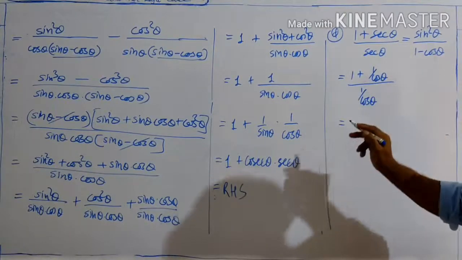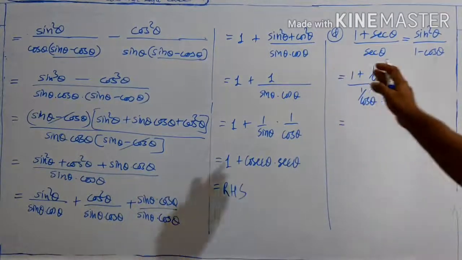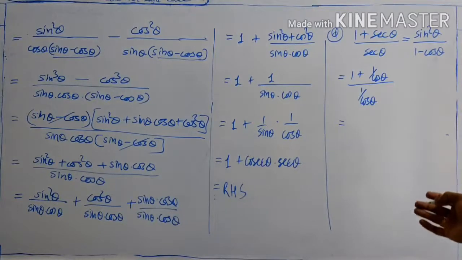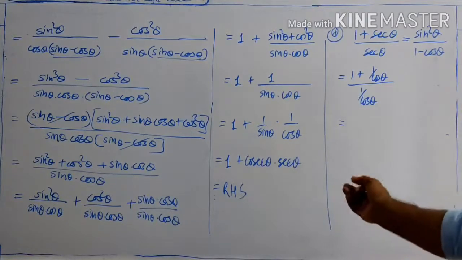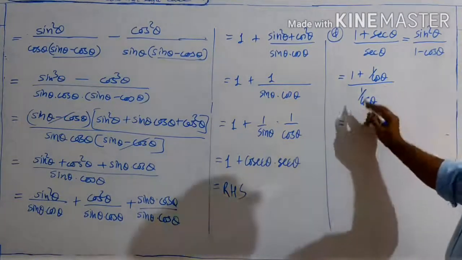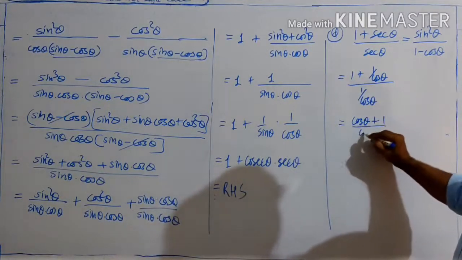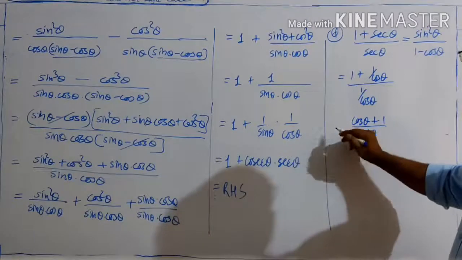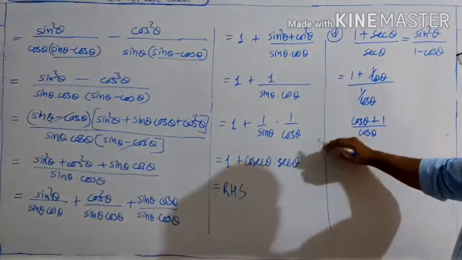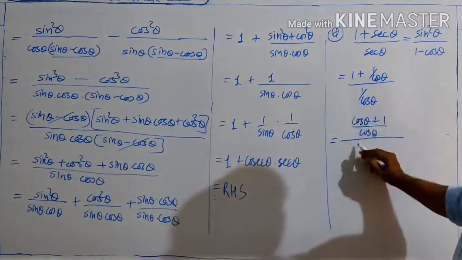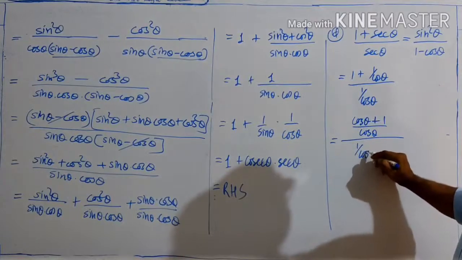So the left hand side is 1 plus 1 upon cos theta, and the denominator is also 1 upon cos theta. So now taking LCM, here the numerator is cos theta plus 1 divided by cos theta, and the denominator is 1 upon cos theta.